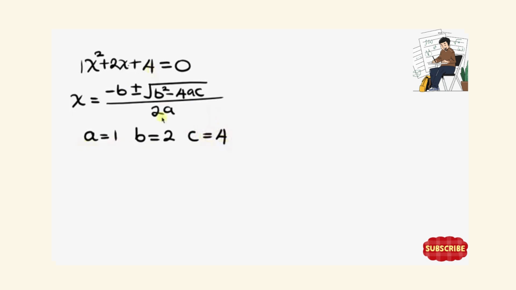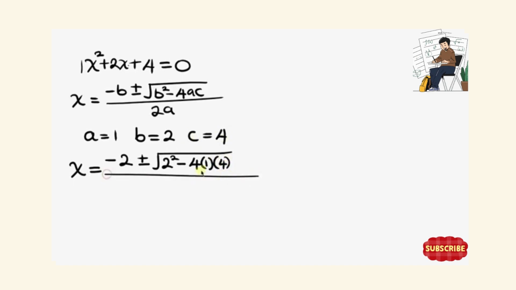So let's substitute into this quadratic equation. So x is now equal to negative b. And what is b? b is 2, plus or minus the square root of b squared, that's 2 squared, minus 4ac. So 4 times a is 1, and c is 4, all over 2a.